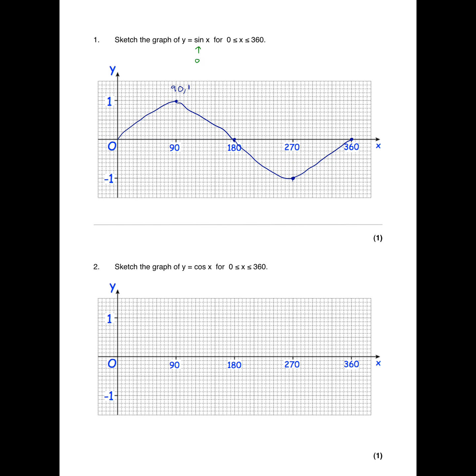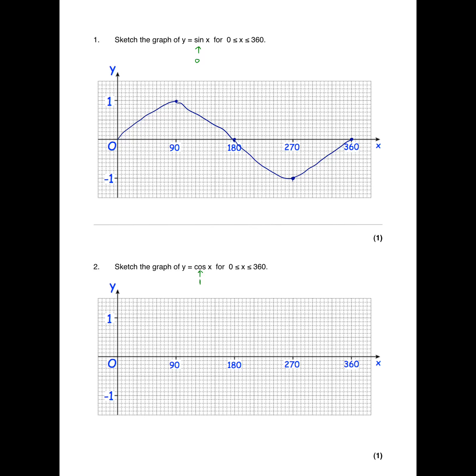Those features are very, very similar when you're looking at drawing the cos graph. So if I go to draw the cos graph now, seeing that 0 there reminds me that my cos graph starts at 1.